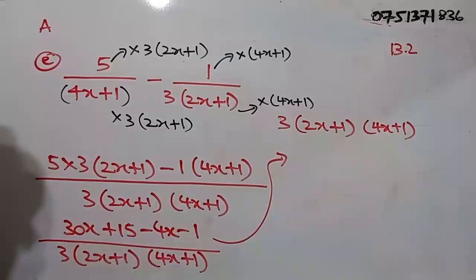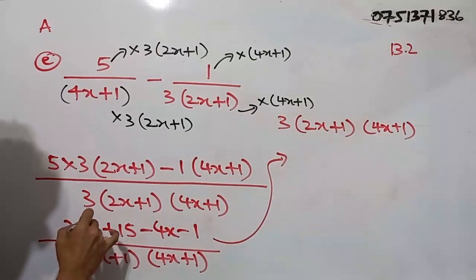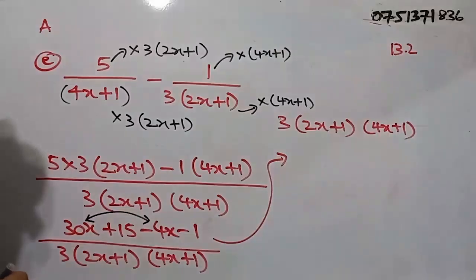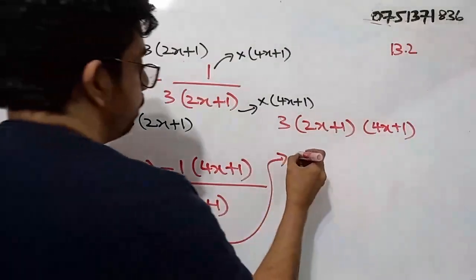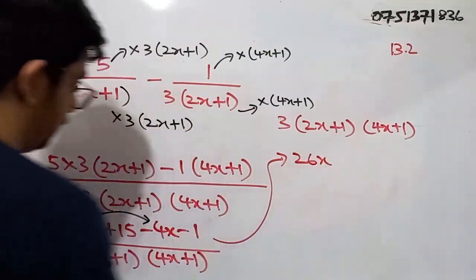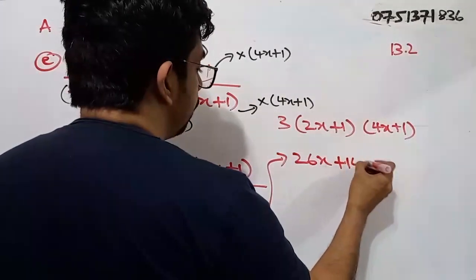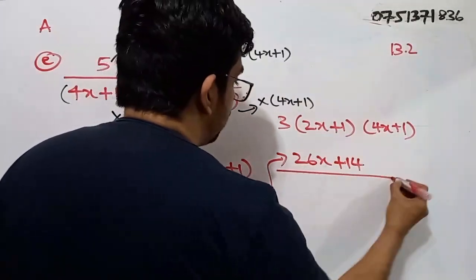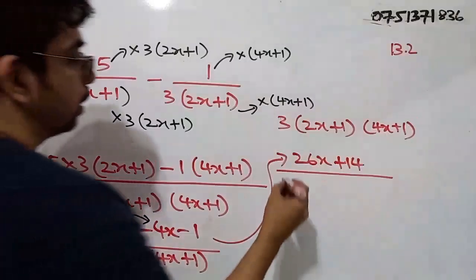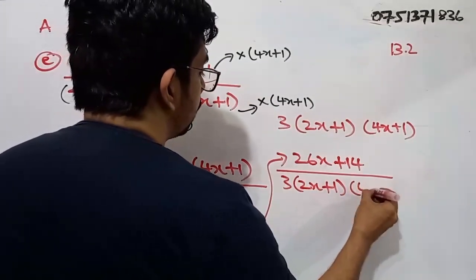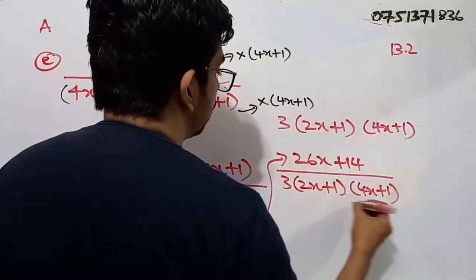Okay. So we can simplify these two terms, right? 30x minus 4x. So we will be getting 26x. 15 minus 1, we will be getting 14. So this entire expression needs to be divided by what? 3 into 2x plus 1, 4x plus 1.